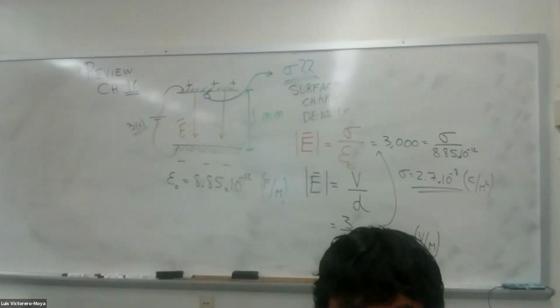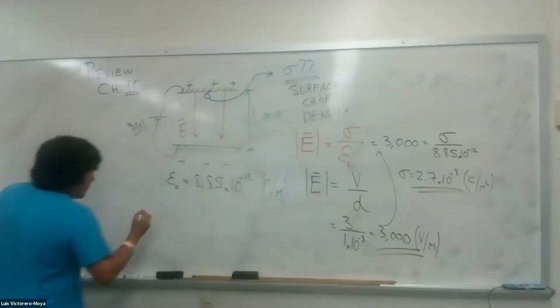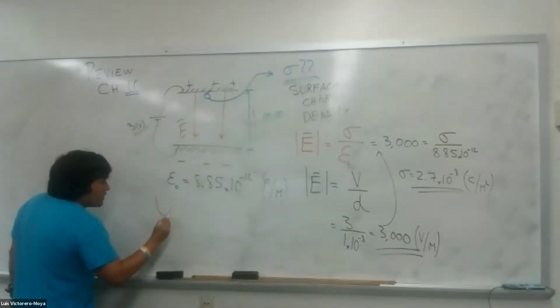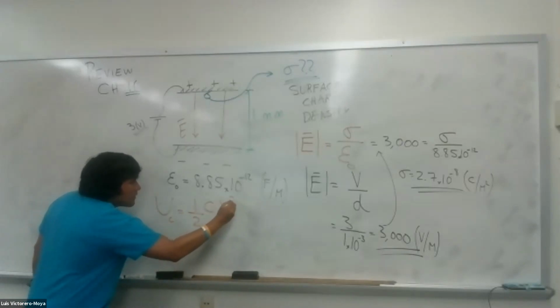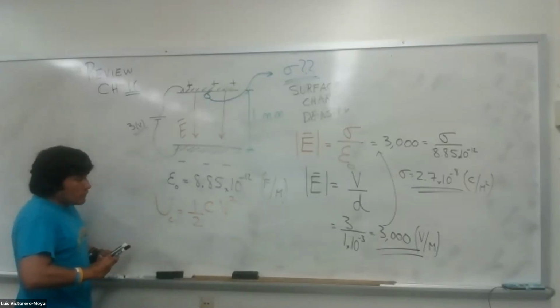What's the equation for the energy in a capacitor? You should have that in an equation sheet, by the way. All right? Let's use it here. The energy in a capacitor, the most common formula is 1/2 capacitance V squared.